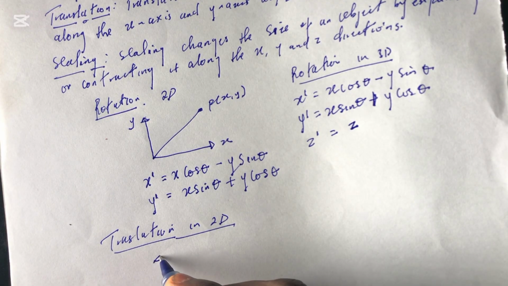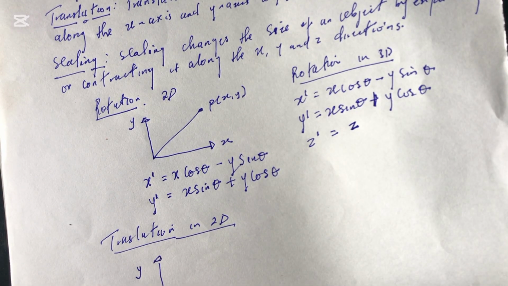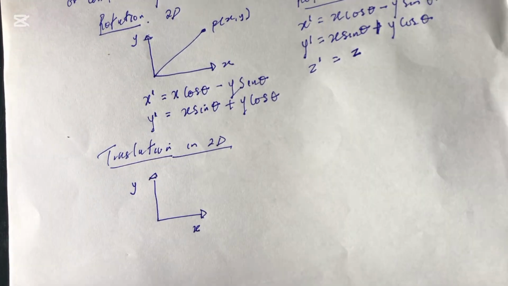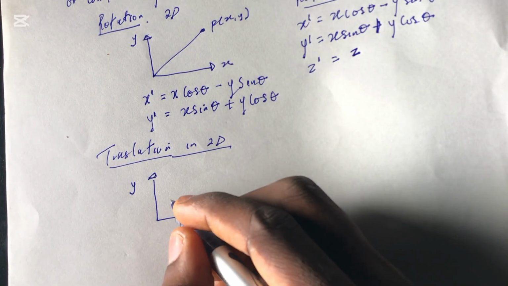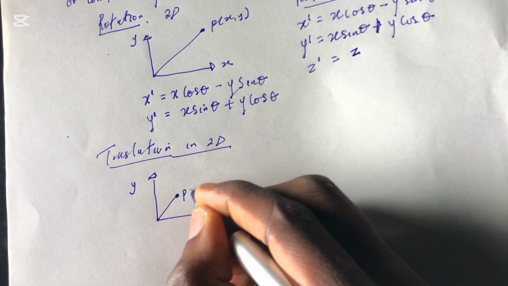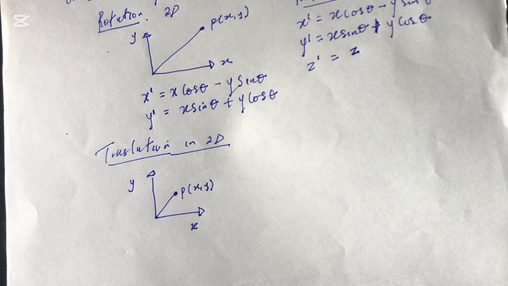So if we have an x and y plane, this is my y and this is my x, and x and y are changing. Let's say I have a point B here, and point B is x and y. We have this initially, and x and y are changing. That means there's an increase in x and y.